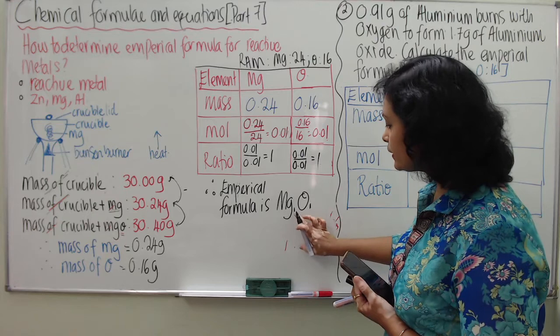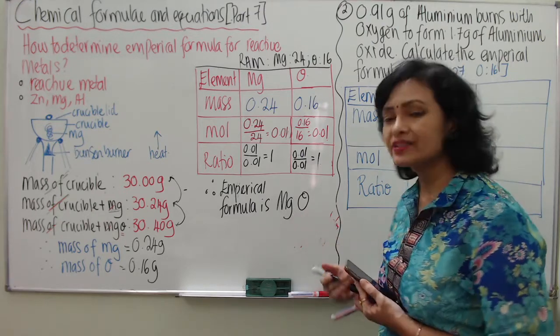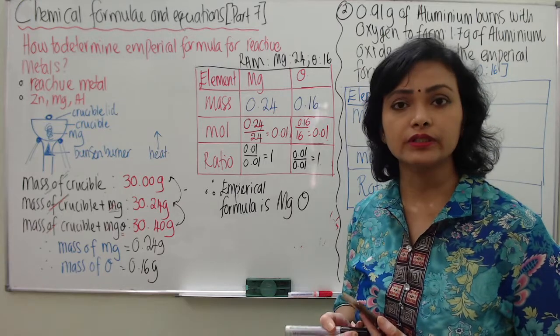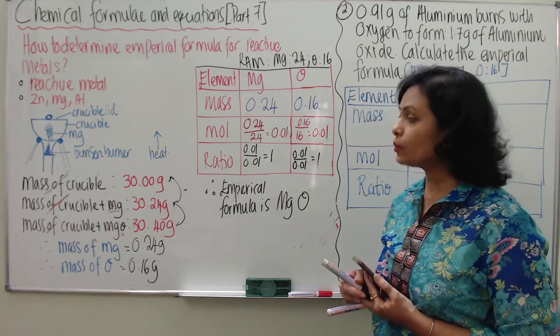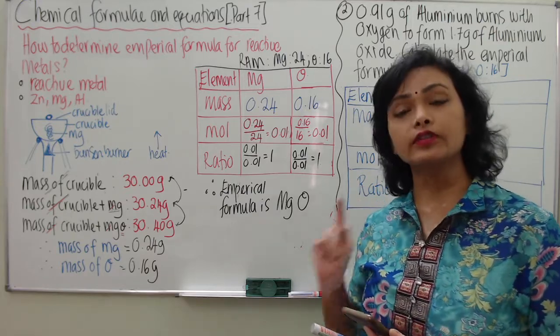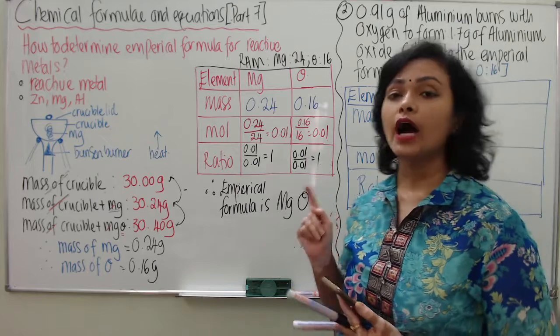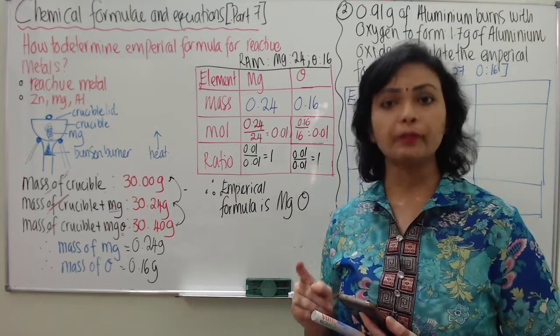That's why it becomes magnesium oxide. So, students must write this conclusion in order to get full marks. I hope students can understand. But again, I would like to highlight that for this method of determining the empirical formula, the procedure is very important.